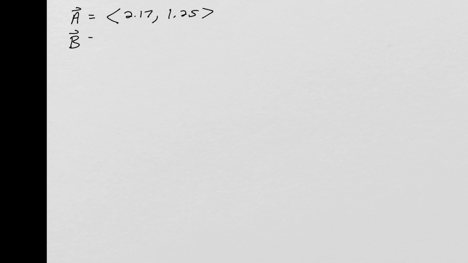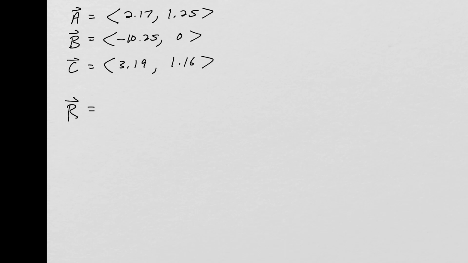B was negative 10.25 comma 0. And then C was 3.19 comma 1.16.